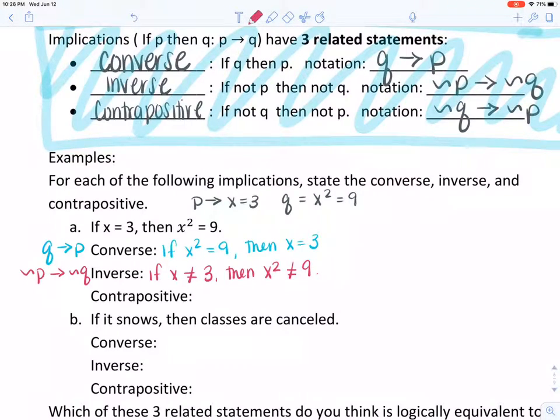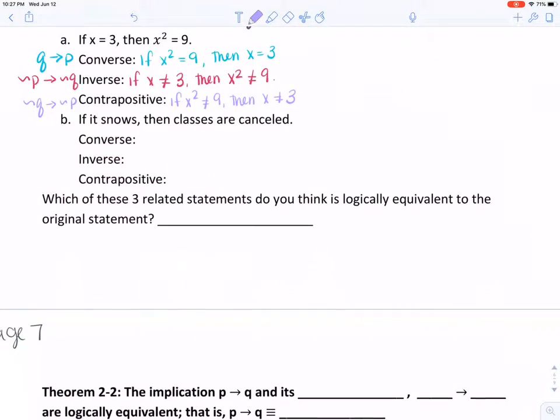The last one, the contrapositive, is if not Q, then not P. Q is x squared equals 9, so if x squared does not equal 9, then x does not equal 3. So let's look down. Which of these original statements was basically the same?